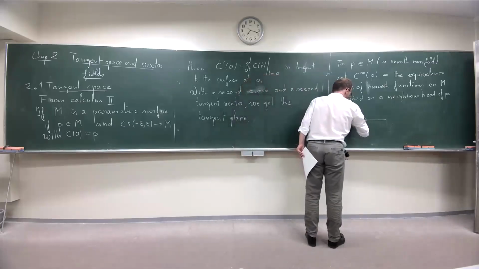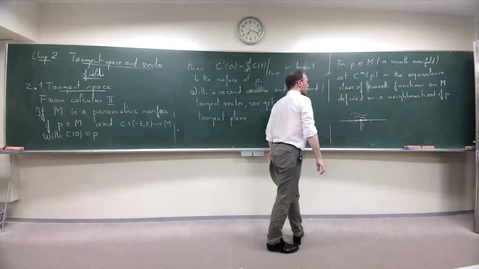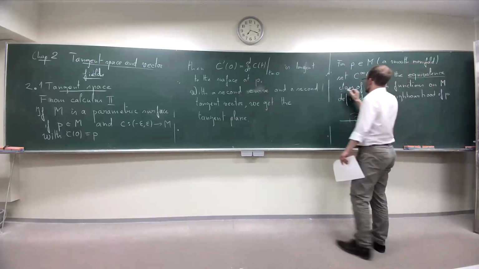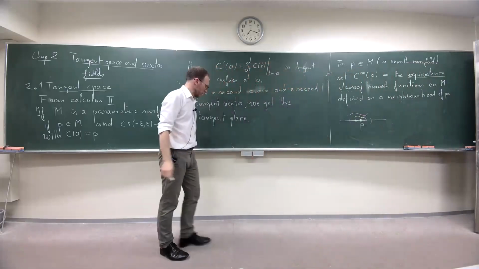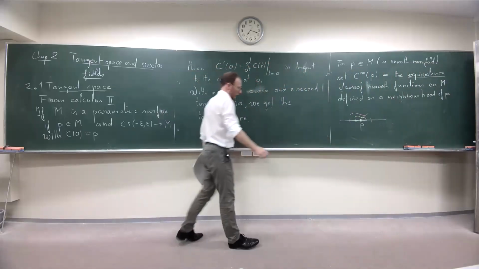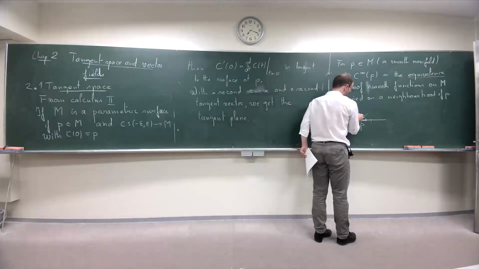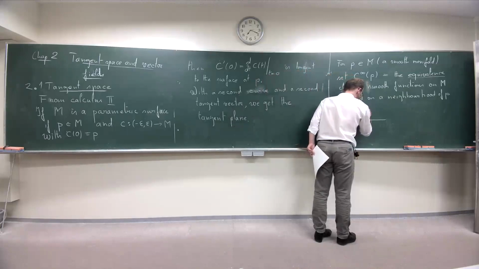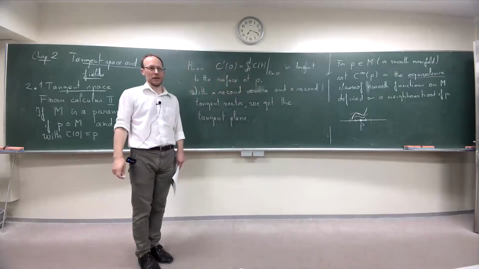So for different functions, you may take a different interval. And why equivalence classes? Because what I want to identify, look, this red one and this white one, I want to identify them.